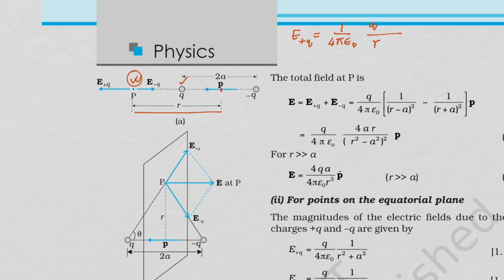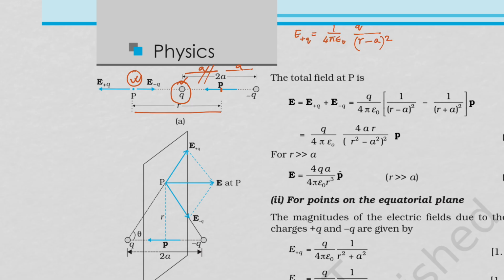So actually from the positive charge to that point P, it is R minus A. So this A will be cancelled out. So we will just find the distance R minus A, and according to the formula it has to be squared.